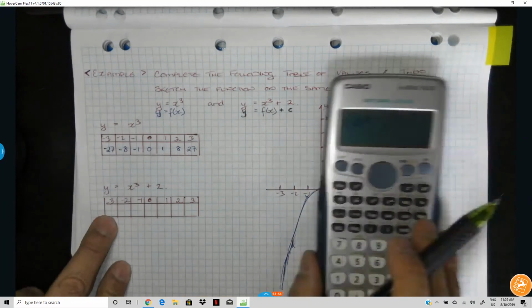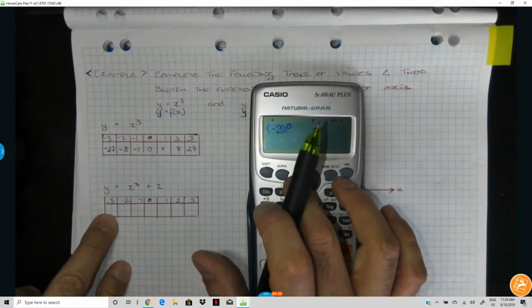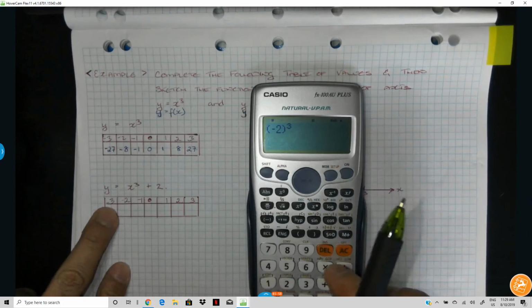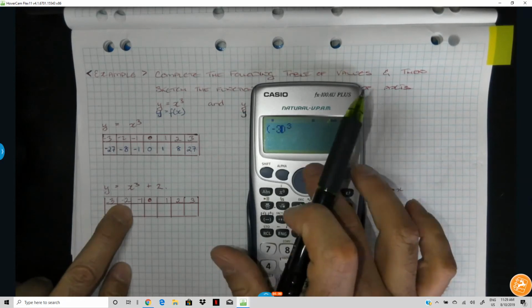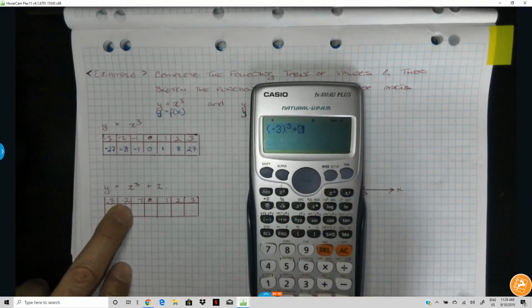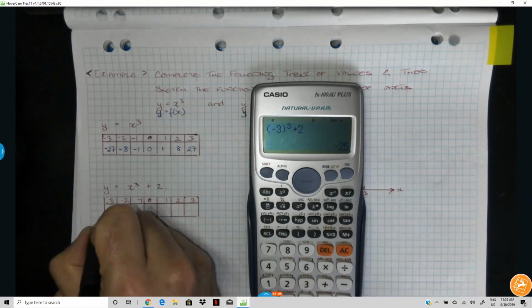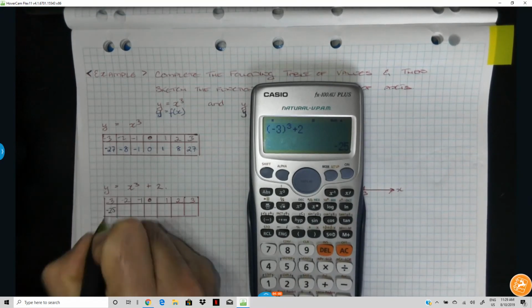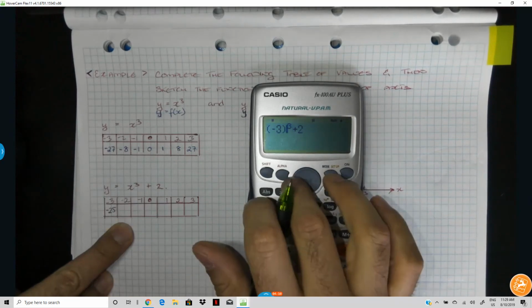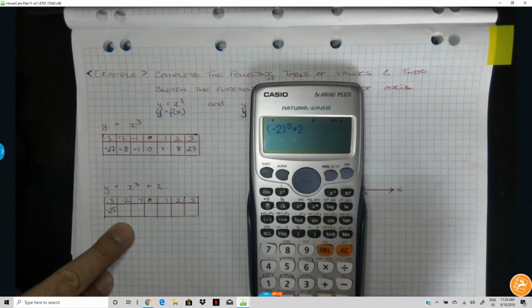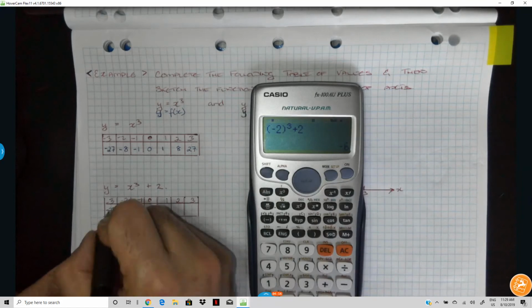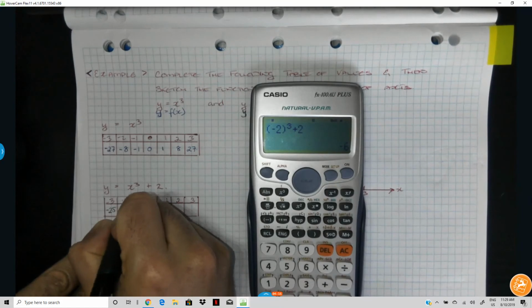Using our values, x is negative 3, we cube it, and then we add 2 to it, and that gives us negative 25. We have negative 2 cubed, then we add 2 to that, so we get negative 6.